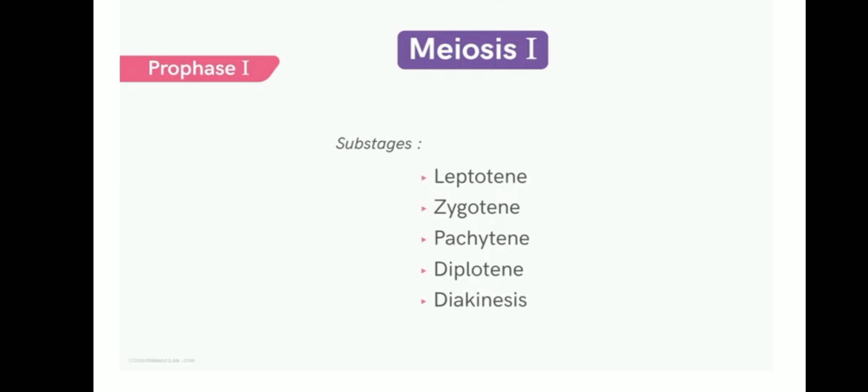In that, prophase 1 is a longer stage. It takes a longer duration. Prophase 1 is divided into 5 substages. They are leptotene, zygotene, pachytene, diplotene, and diakinesis. So what are the substages in prophase 1? Leptotene, zygotene, pachytene, diplotene, and diakinesis.